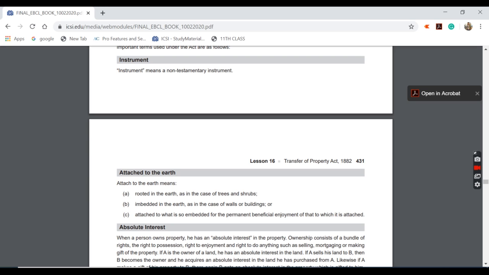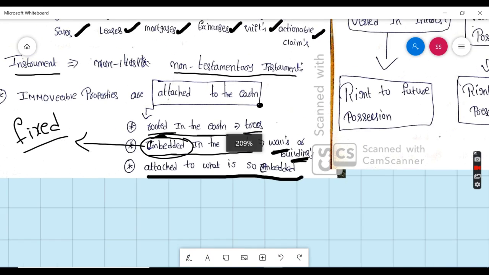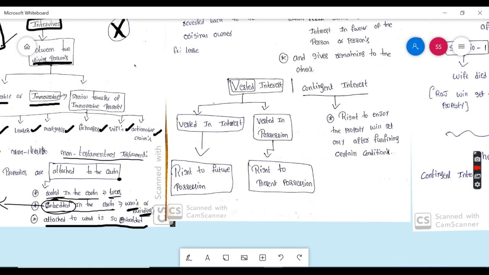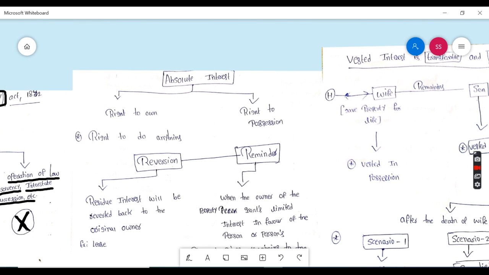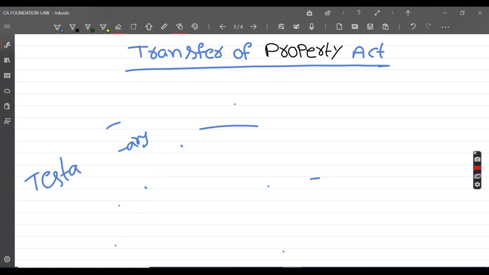Now we will learn about absolute interest. So what does it mean? It means, let's say if you are the owner of the property, you will have some rights. What are those rights?